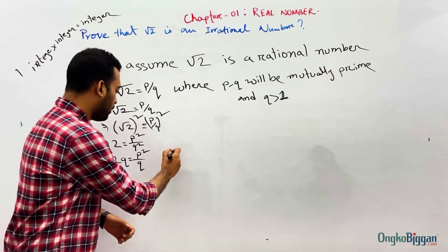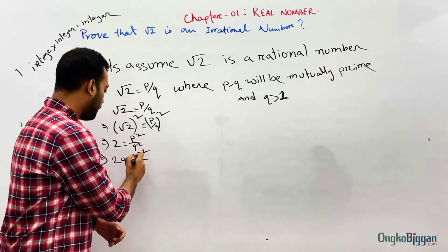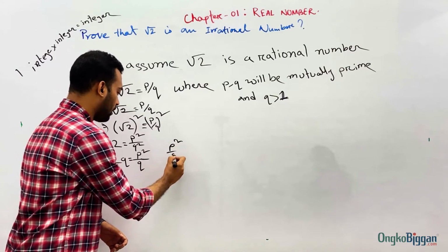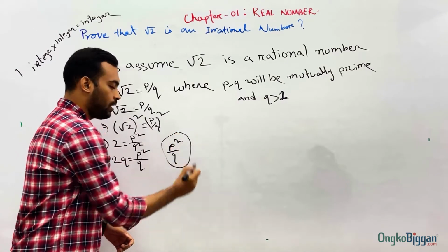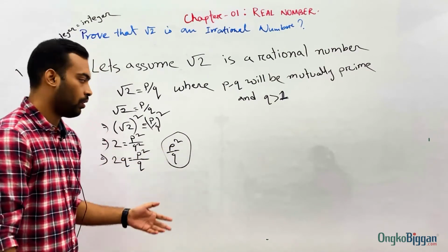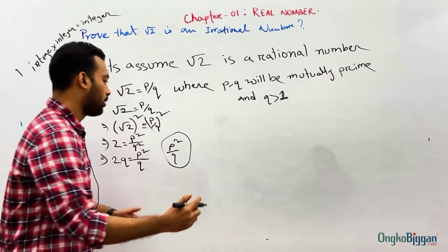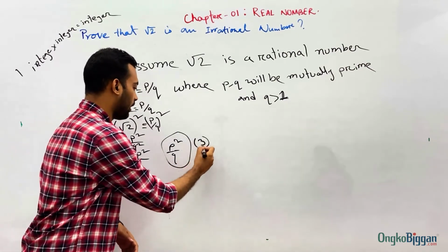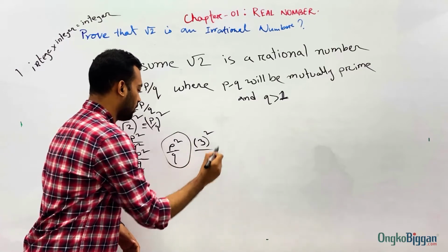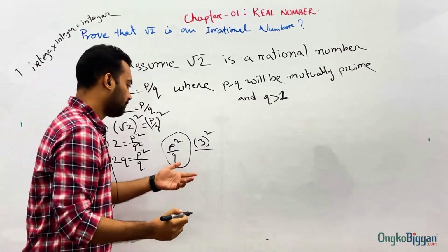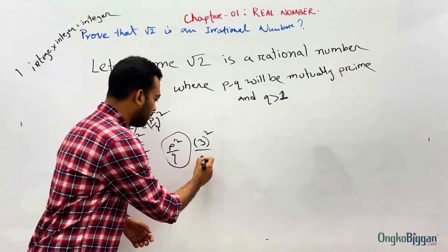Okay, so we see that this whole thing, p squared by q, is in a fractional form. Like if you consider any value of p, say we write 3 squared, and let's say we have the value of q, which is 2.